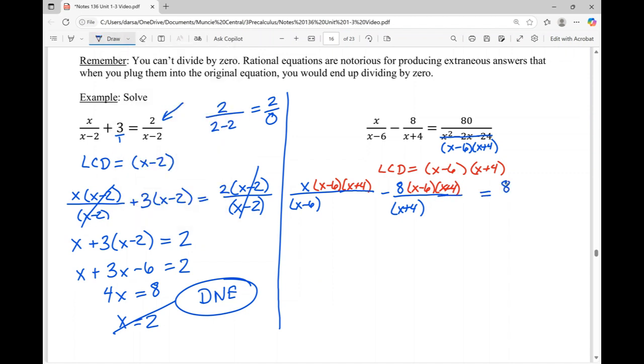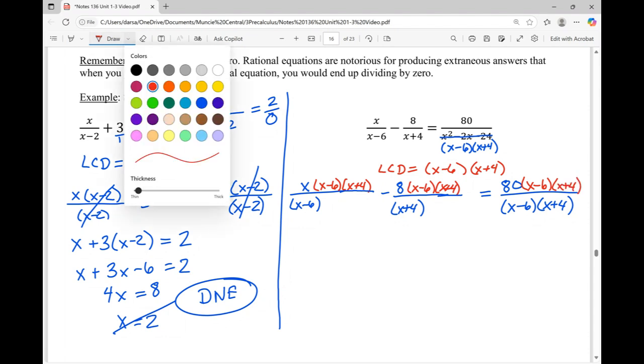And we'll get 80 over x minus 6 x plus 4. And remember, this is really ugly for a minute, but it's going to end up pretty. So that x minus 6 x plus 4 ends up in the numerator again.